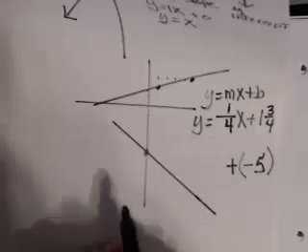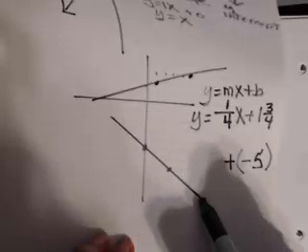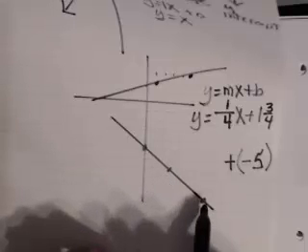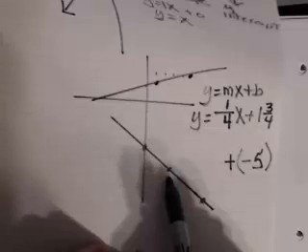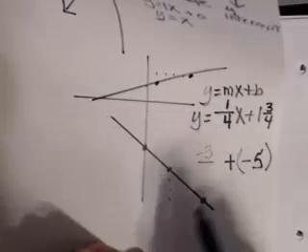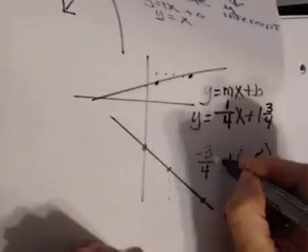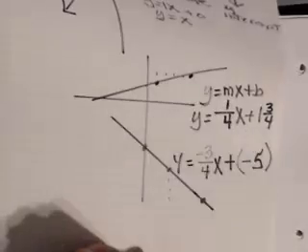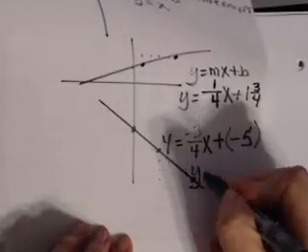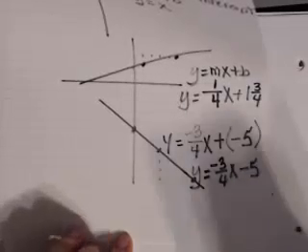My slope, if I find an ordered pair and go from one ordered pair to the next, I'm going down 1, 2, 3, so that's -3, and I'm going right 1, 2, 3, 4. So for the equation of the line, we don't ever write two signs in a row. So this is going to be y is -3/4 x minus 5.